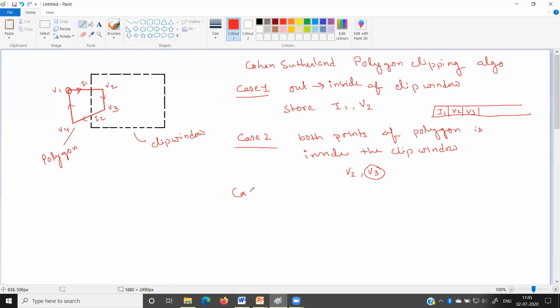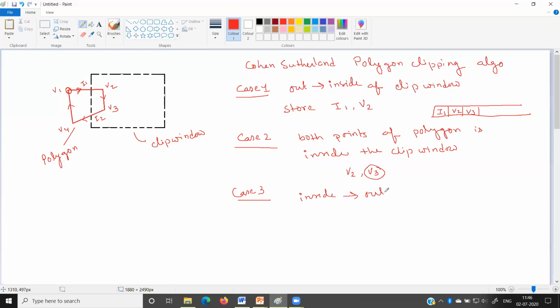Now case 3. Case 3 is if while we are traversing through the polygon, we are traversing from inside of the clip window to outside.